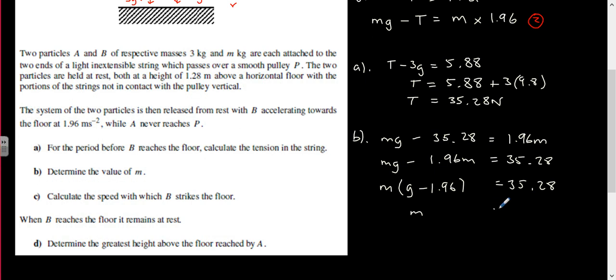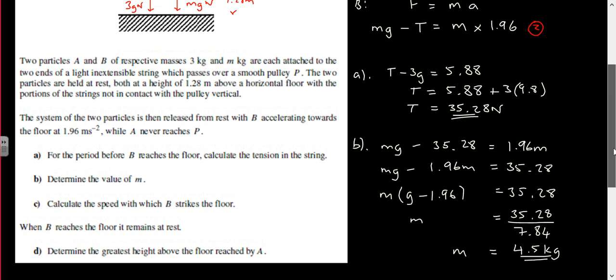So we get m equals 35.28 divided by whatever 9.8 minus 1.96 is, 7.84. So the mass comes out as 35.28 divided by my answer, which is 4.5 kilograms. So we have our tension and we have our mass, part A and part B, done and dusted.